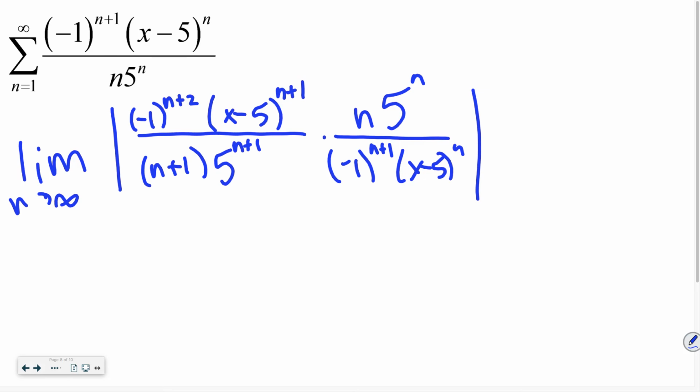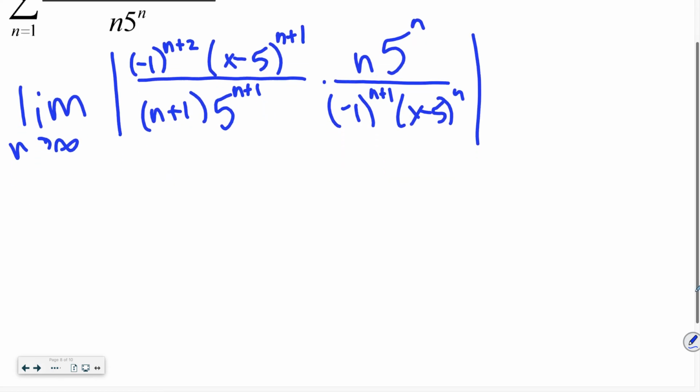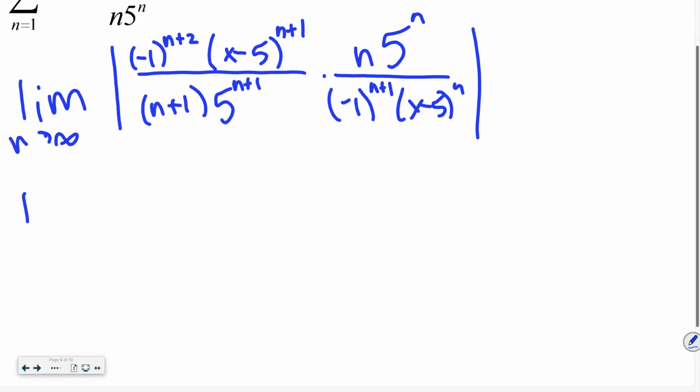Now, those negative 1 to the powers are inside an absolute value. It doesn't matter, right? Those are not going to affect anything, so I'm going to stop writing them. All right, let's group some things together.